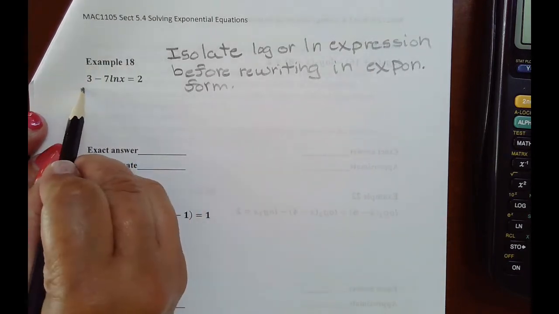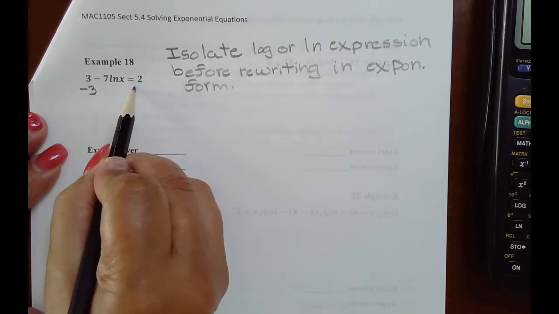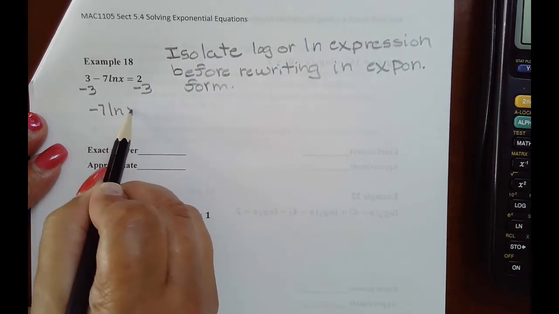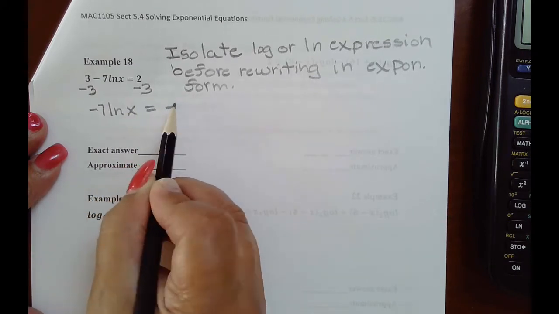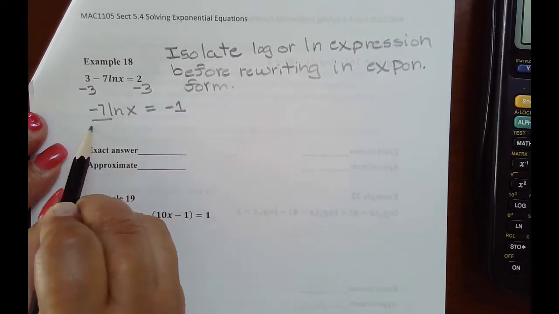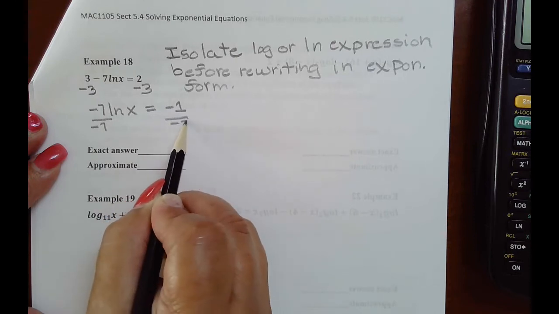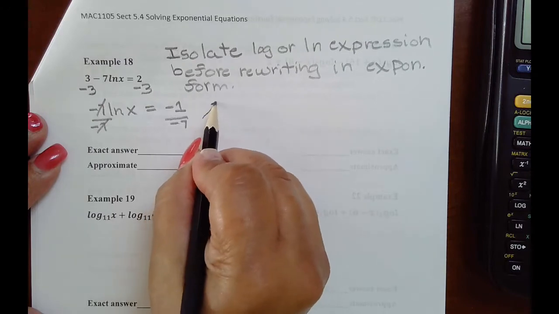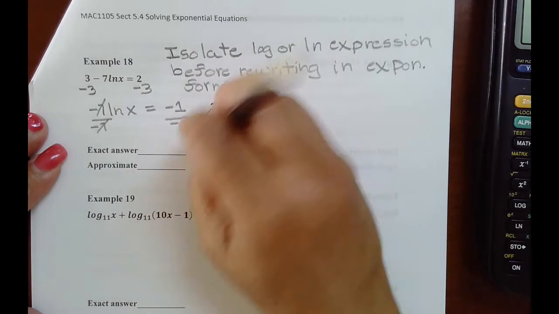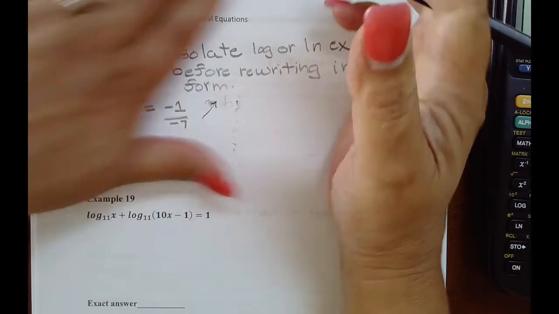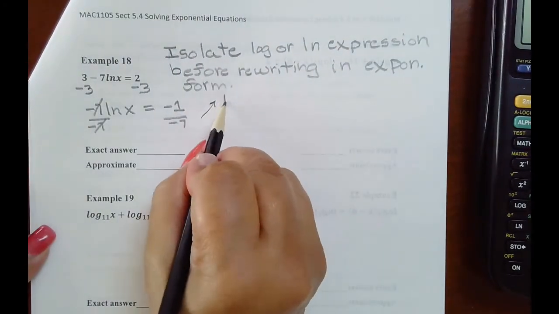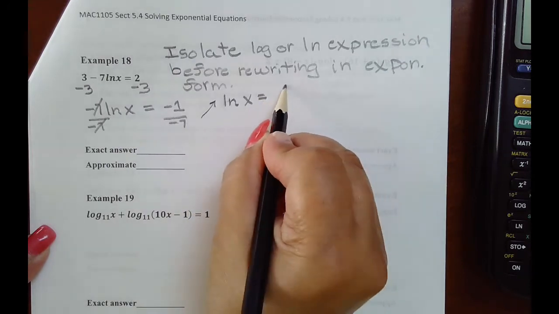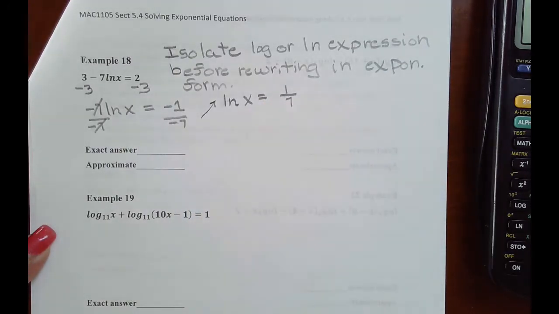In this one, we're going to move 3 to the other side. Then we'll have negative 7 ln x is equal to negative 1. Then we're going to remove the negative 7 like that. And then we will have ln of x is equal to 1/7.